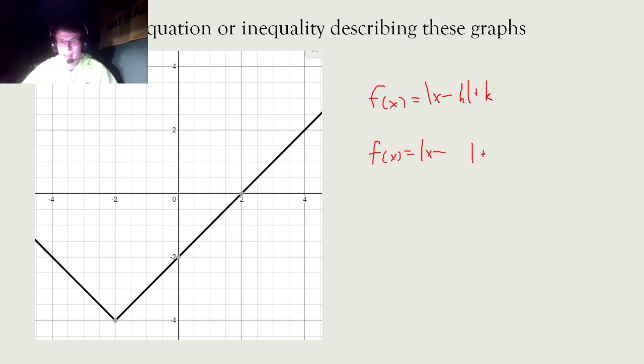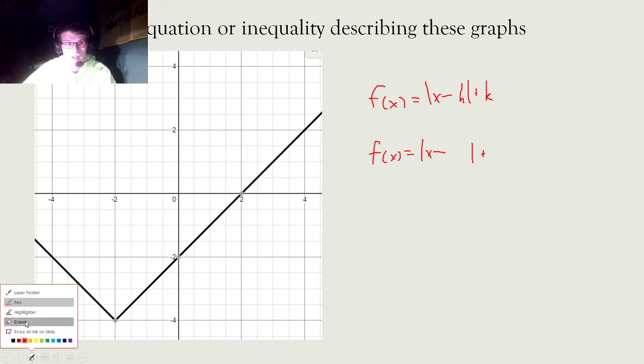But what's our k? Our k is wherever it goes along the y-axis, and it's going down 1, 2, 3, 4, 5. 1, 2, 3, 4. It's going down negative 4. Okay? So if it's going down negative 4, that means my k is negative 4.